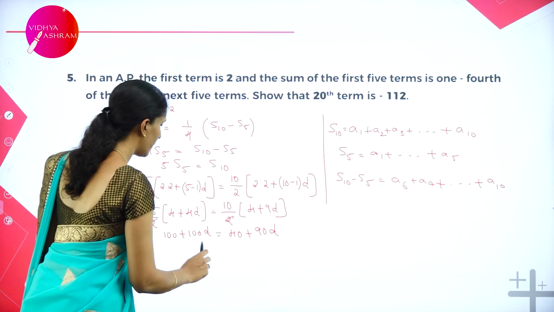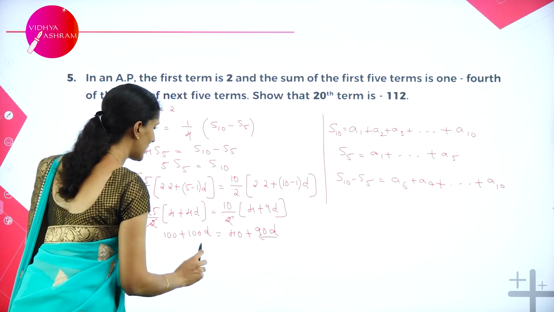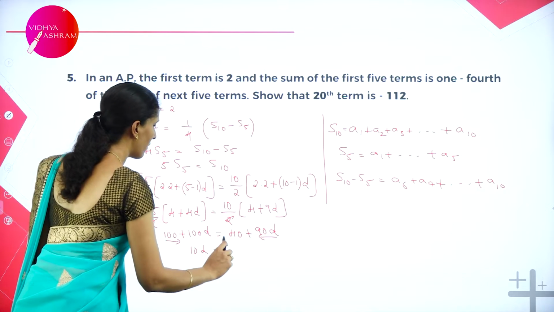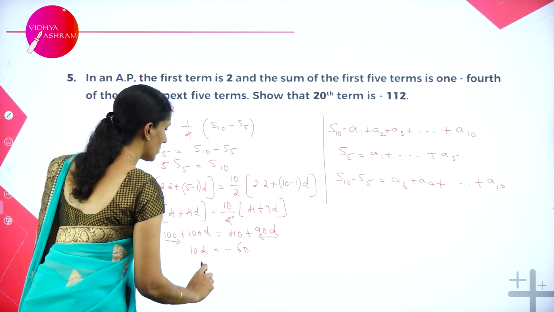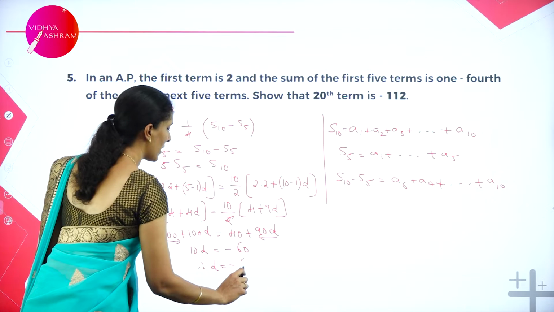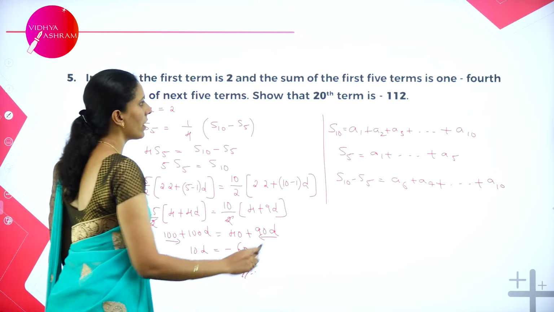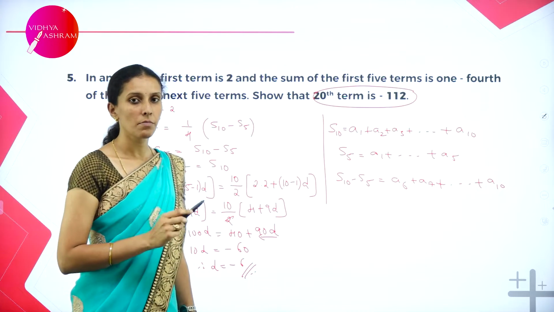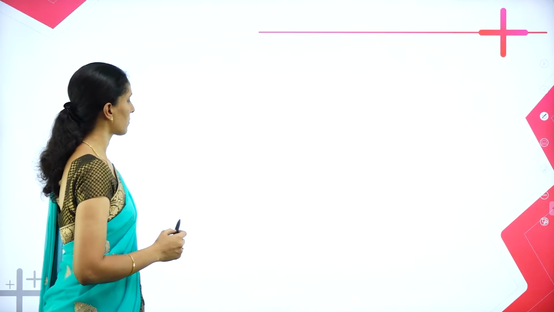Now here I can shift it. 100D minus 90D becomes 10D. Now here I have 40. If I shift 100, it is minus 60. So therefore I will get D is equal to minus 6. Now I need to show that the 20th term is minus 112.